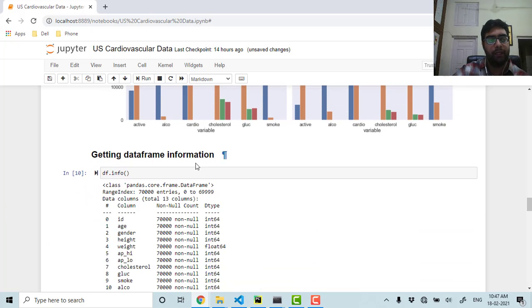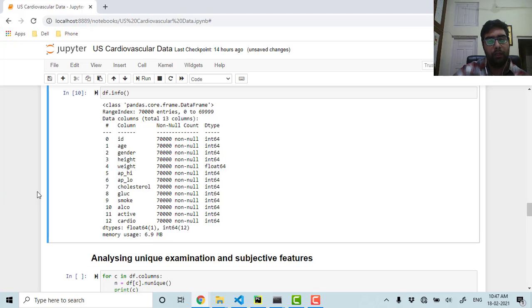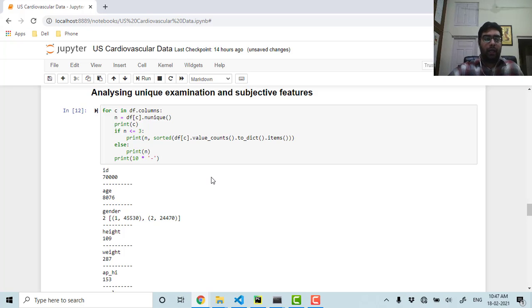First of all, let's get the information of our data frame. So we have 70,000 entries for each of the data frame and the memory usage is 6.9 MB. Let's analyze unique features, that is, how many unique parameters are there in each of our features.